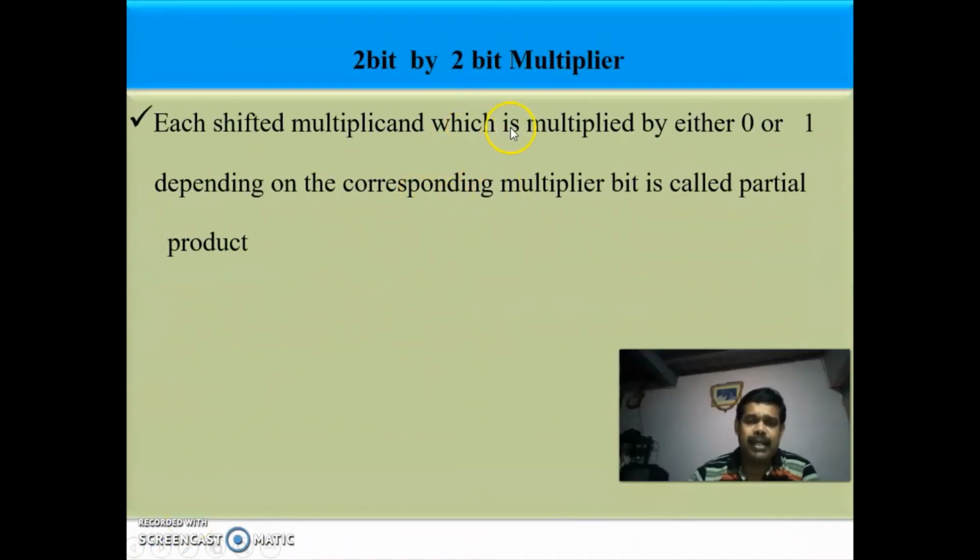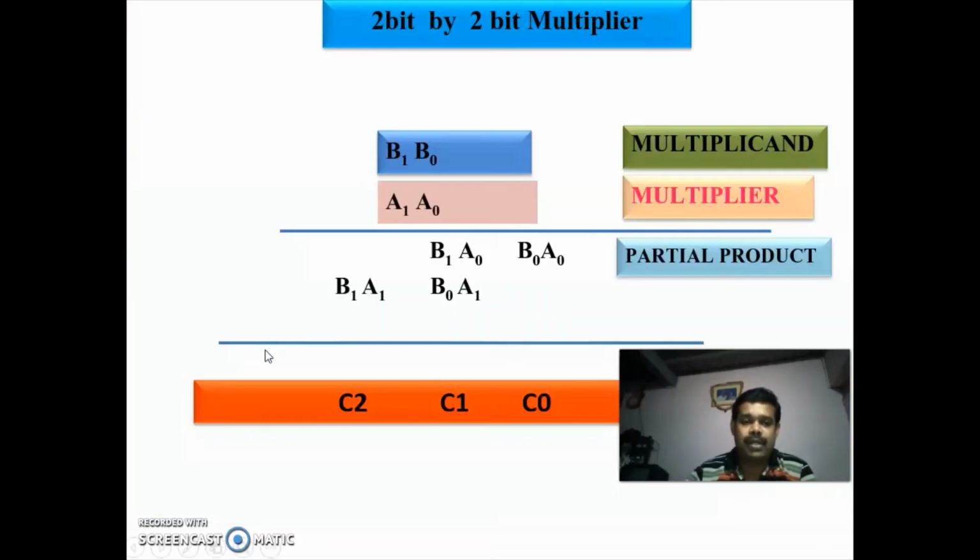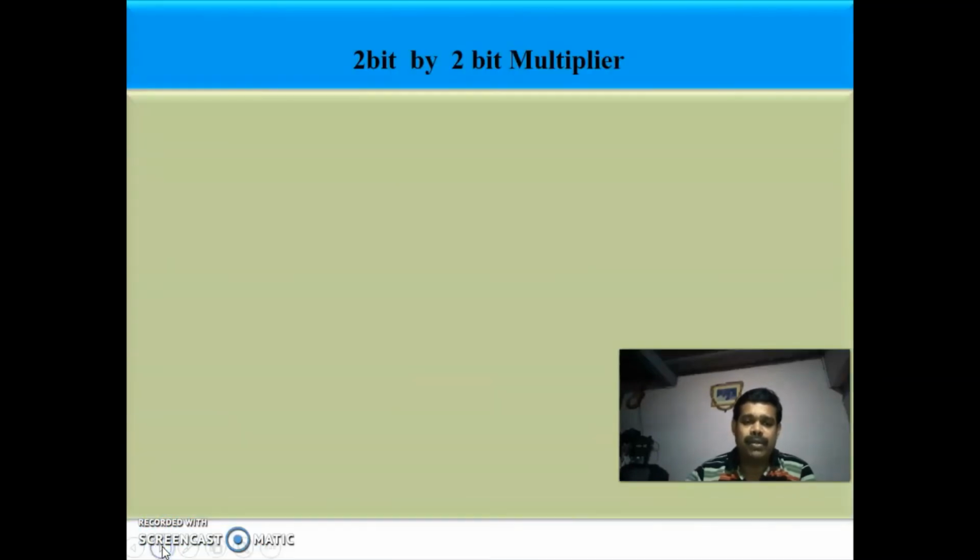Each partial product consists of two components. You can see this is one component and this is another component.